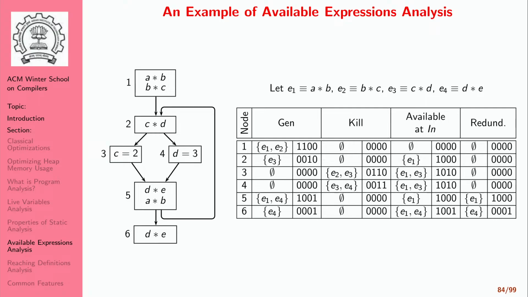Here 1 means the expression is generated, here 1 means the expression is killed. So 1 means it belongs to the desired set, 0 means it does not. Set and bit vectors are just a form of representation, so whether you look at the set notation or the bit vector notation doesn't matter.